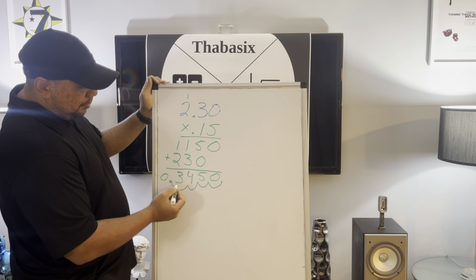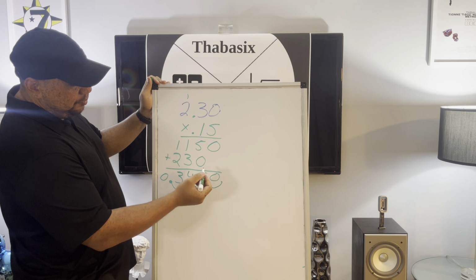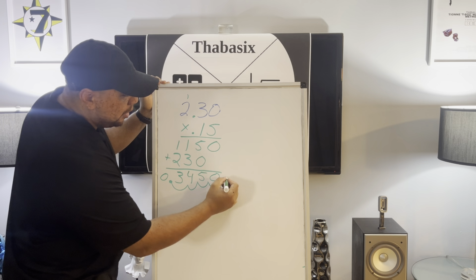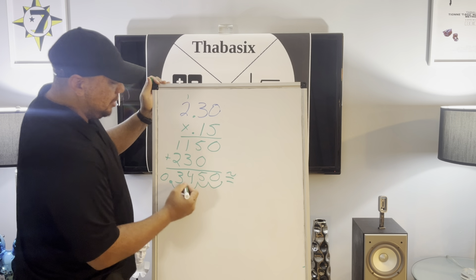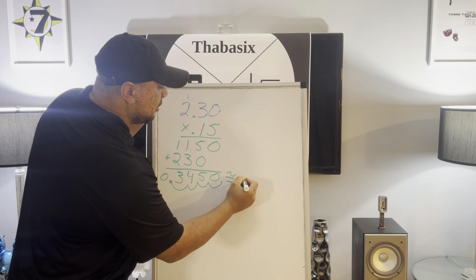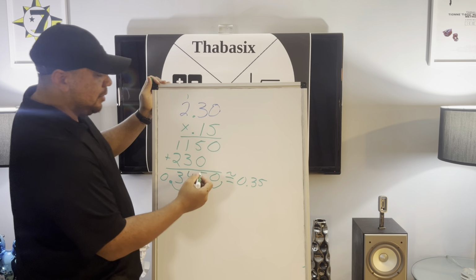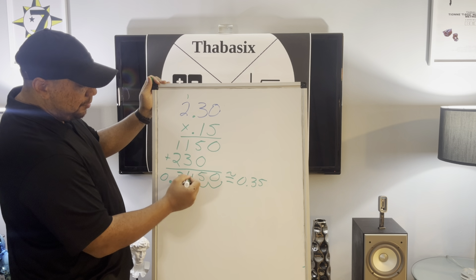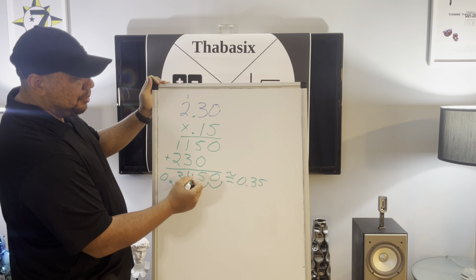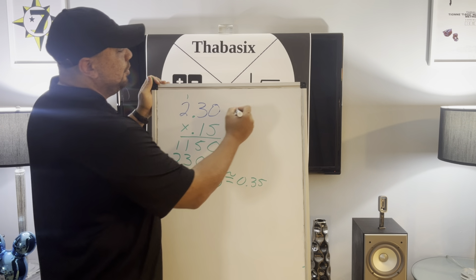So look, now, remember what I said about the 5. This is 5 or above. We say that is 35 cents. The reason why I said 5, because this is 5 or above, so we round this up to 35 cents, and we add it to the $2.30.